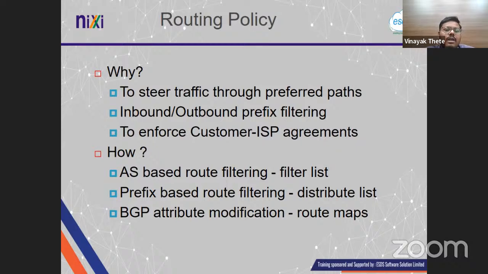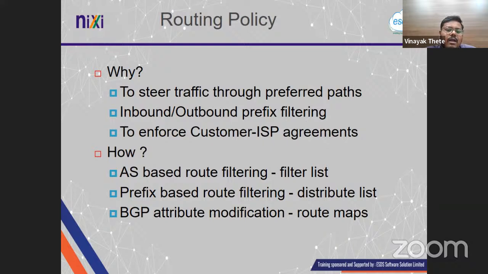For export policy, the local preference can be set for the preferred path, for traversing the route from the preferred path. In import policy, the routing table which is taken from the upstream service provider, we can change the route attributes using the policy. We can tag the community value, or we can tag the local preference value.